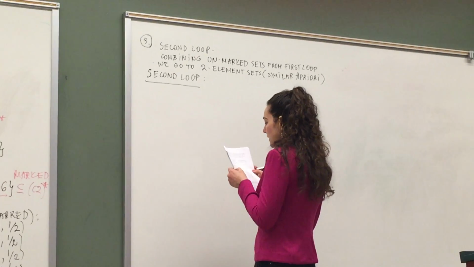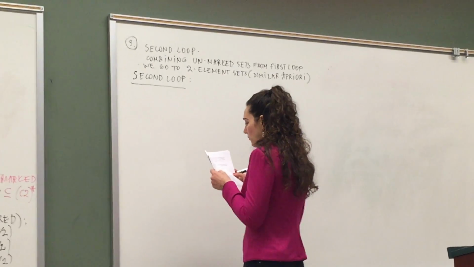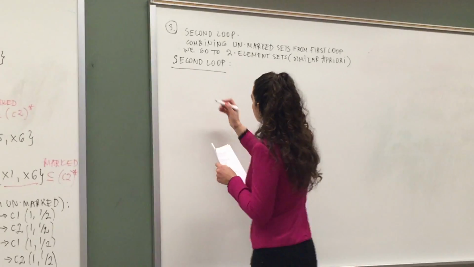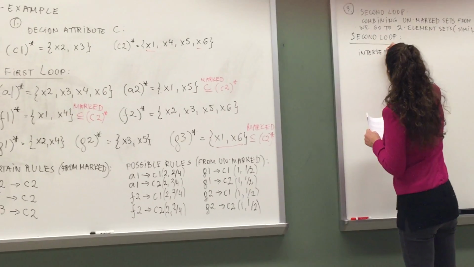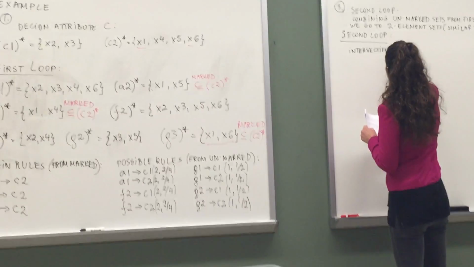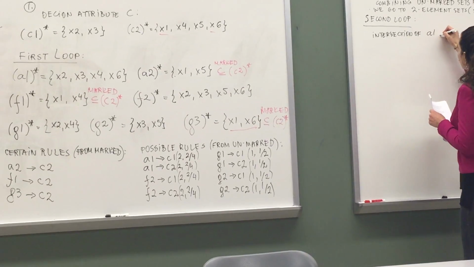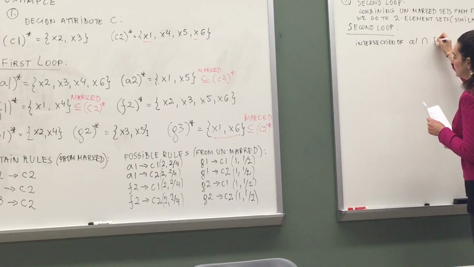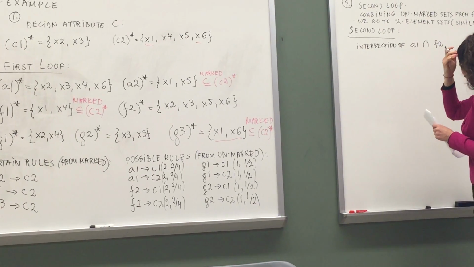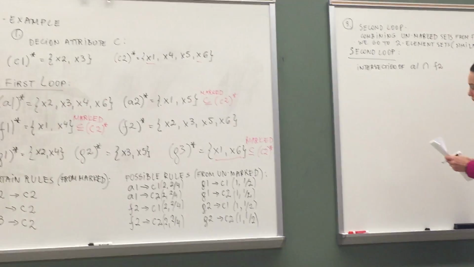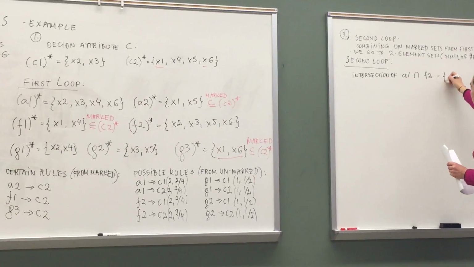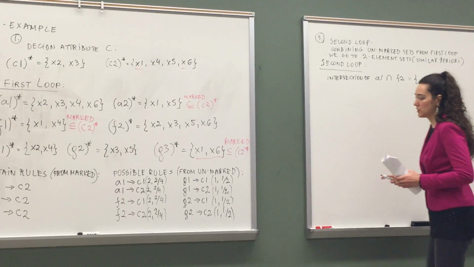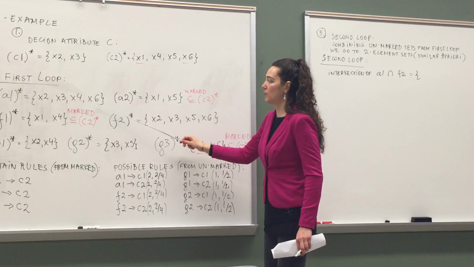So we're going to take the intersection of A1 and F2. What will be the intersection of A1 and F2?